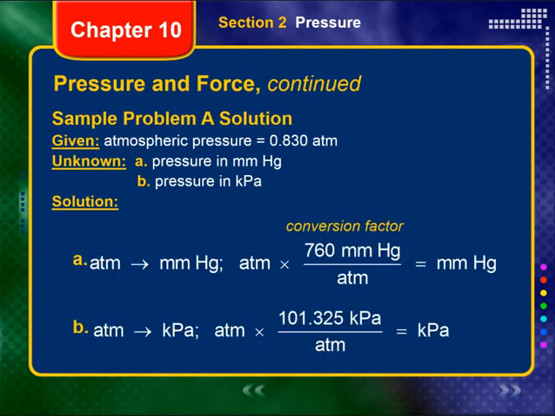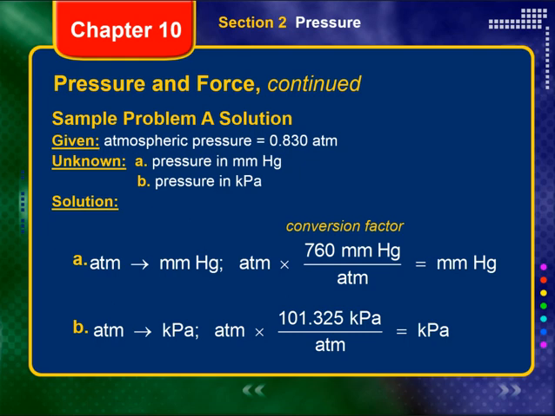So for that first thing that we're being asked to do, to convert between ATM into millimeters of mercury, we're going to have to set up our conversion factor according to the factor label method of dimensional analysis, the exact same thing that we've been doing so far. We're going to be given a value in ATM. We multiply that by a conversion factor. Now the conversion factor has to be a fraction that is equal to 1, meaning whatever I put on the top has to be equal to what's on the bottom. But we just defined 1 atmosphere as 760 millimeters of mercury.